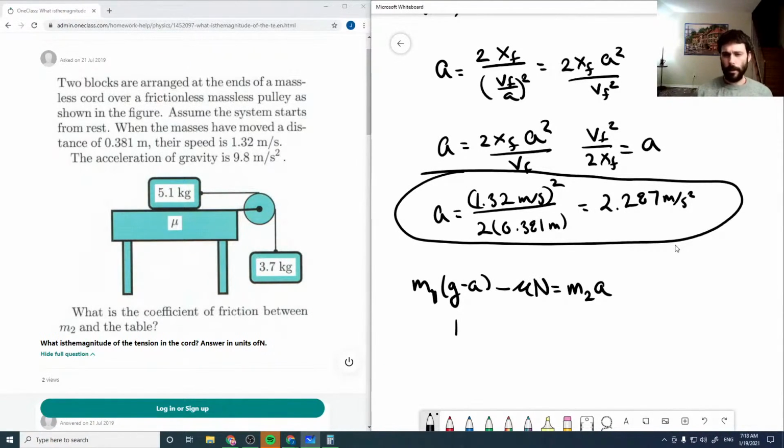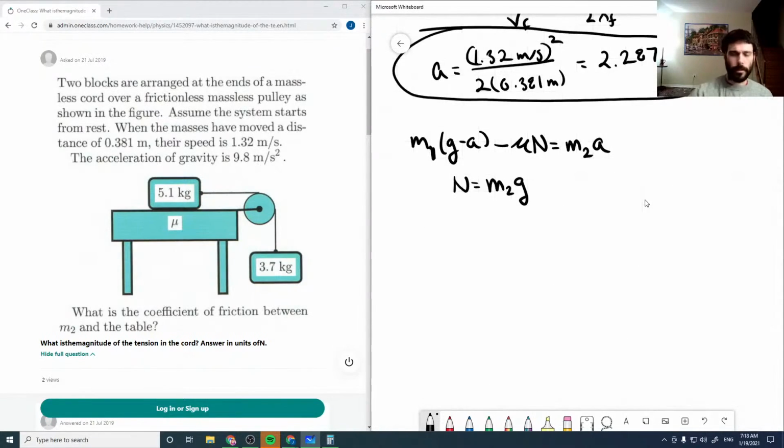And recall that our normal force is m2 g. So then we've got m1 (g minus a) minus mu m2 g equals m2 a.